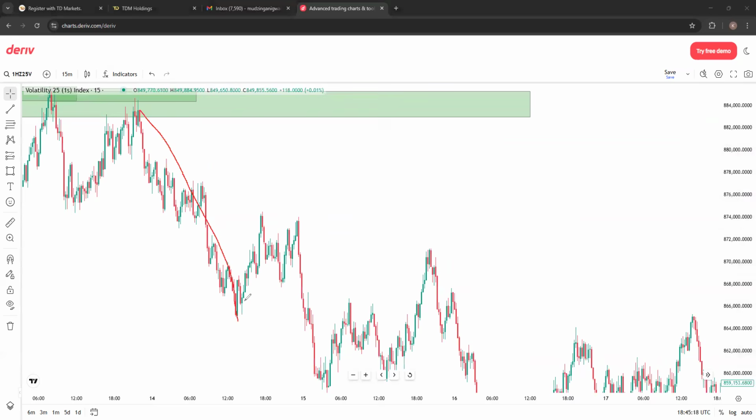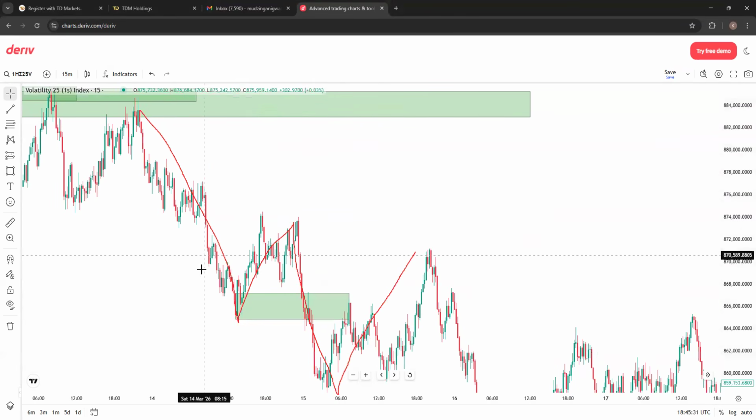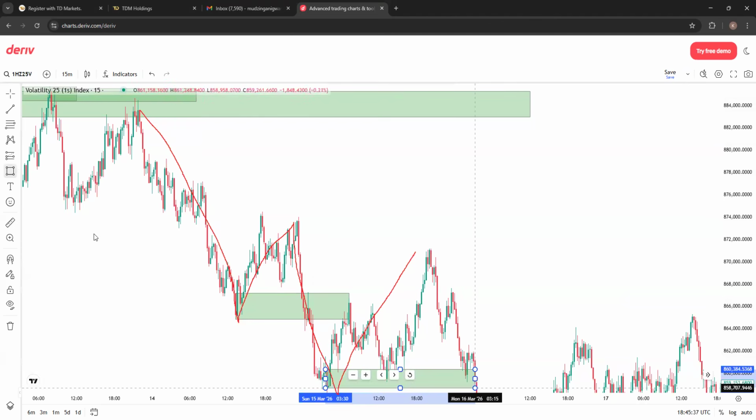This is a low, this is a high, this is a low, this is a high. But what you'd see is you also get order blocks at your lows like this. This is an order block, right? This is another order block, right? Here that we see. So let me remove this.